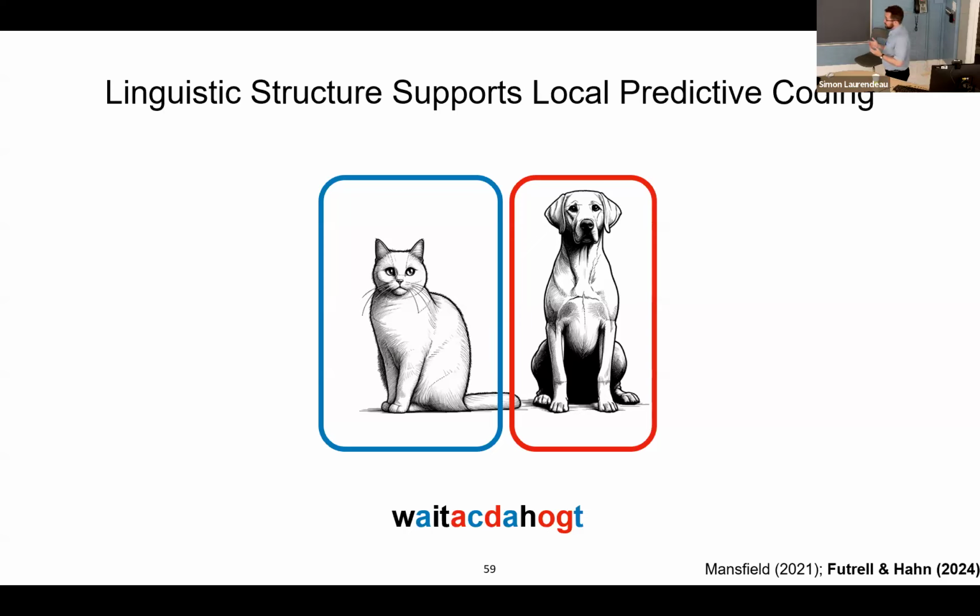In that case, you actually want to spread out the information as much as possible throughout the entire signal. That's sort of the underlying idea for things like Hadamard codes. And that's not what we do in language. In language, we're less concerned with getting through a huge amount of noise, and we're more concerned with local predictability. So if I say a cat and a dog, we have good local predictability.